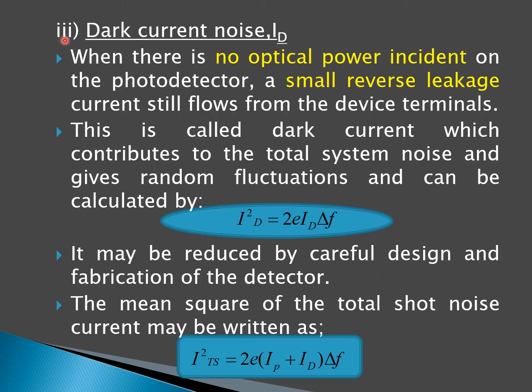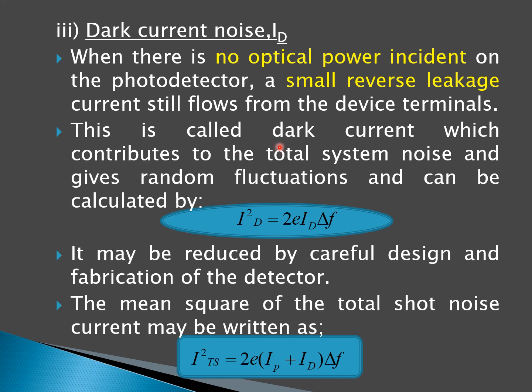Now let us see dark current noise, ID. When there is no optical power incident on the photodetector, a small reverse leakage current will still flow from the device terminal. We call it dark current noise.